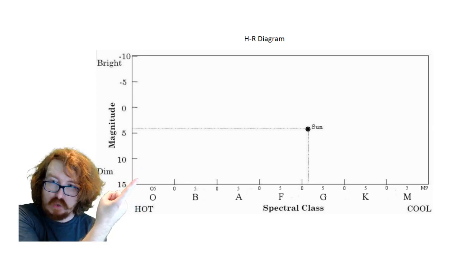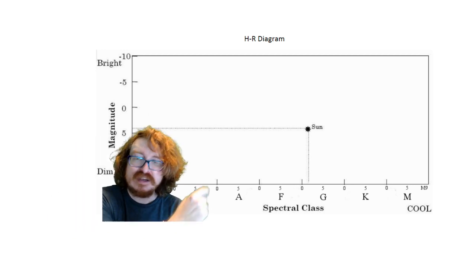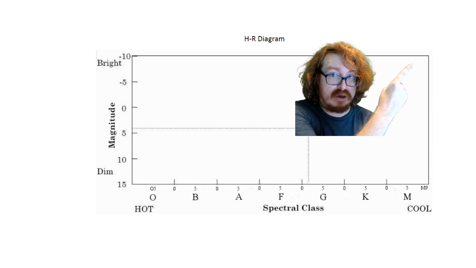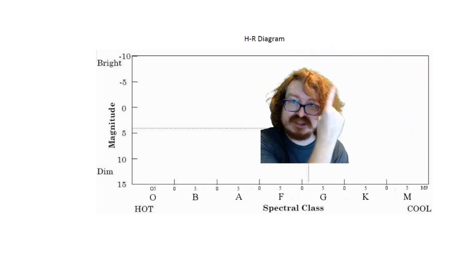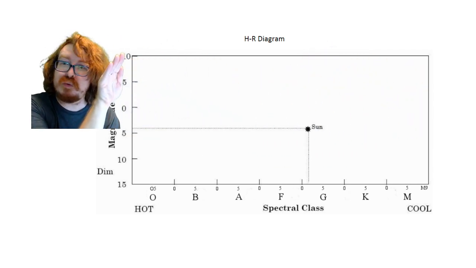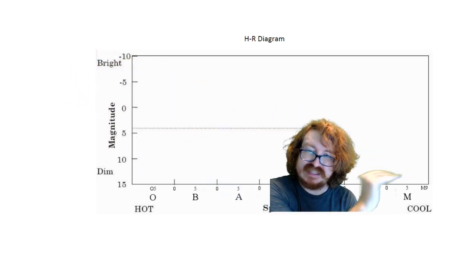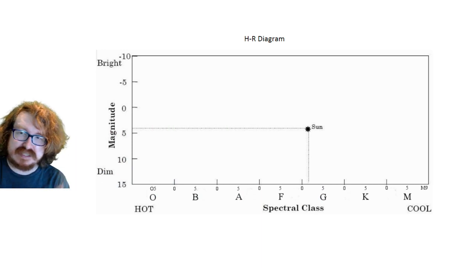This is your small corner. Your white dwarfs are down here. Whereas up here, you have your big stars. Your giants are over here in this corner. And your main sequence would, again, start up here and go roughly diagonal down to this side. So that's basically the exact same thing as before.